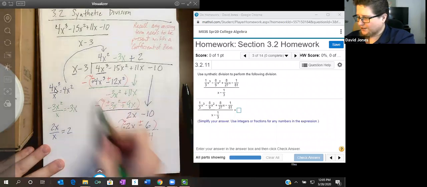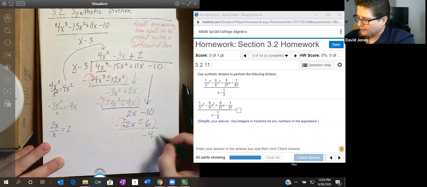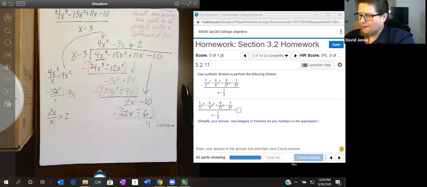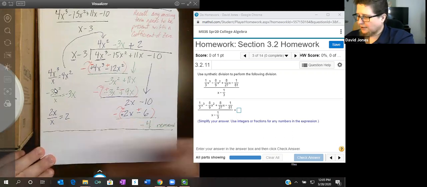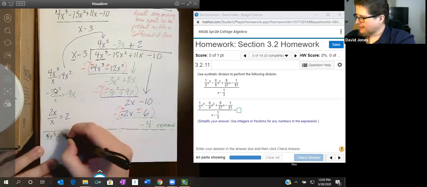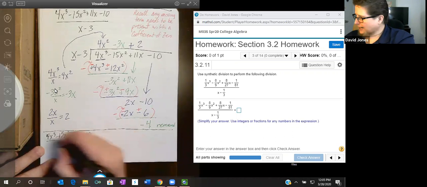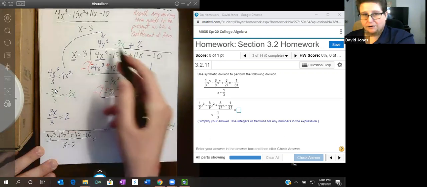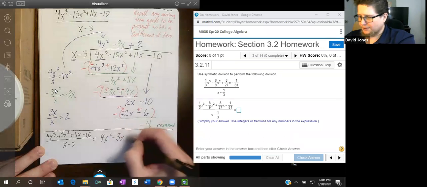There's nothing left to divide into. The biggest exponent in here is 0 for x, and it's 1 out here, so we stop. This is our remainder. And what we say is, this is our result: 4x cubed minus 15x squared plus 11x minus 10 divided by x minus 3 equals what we have on top, our quotient, 4x squared minus 3x plus 2.